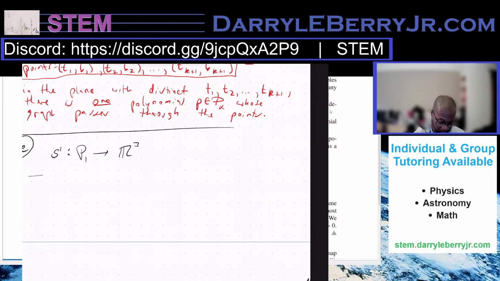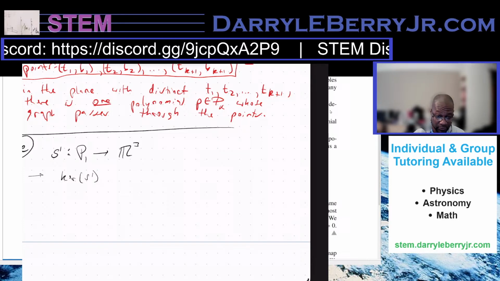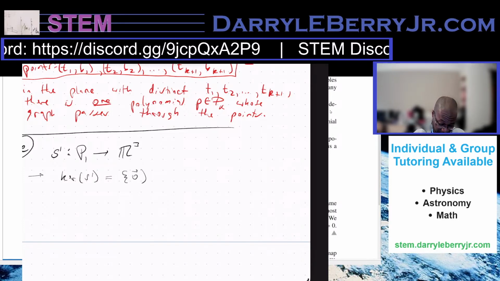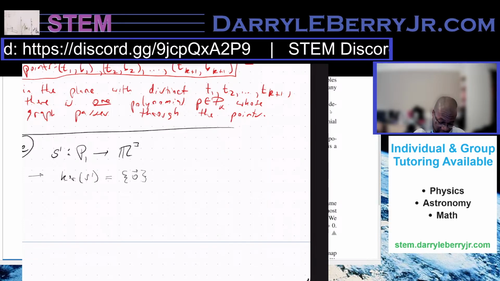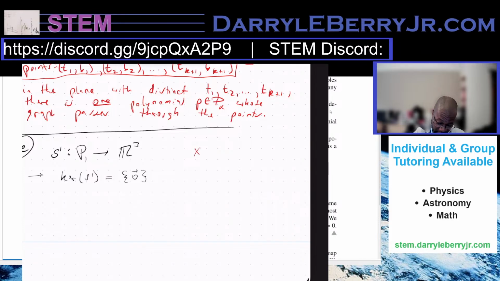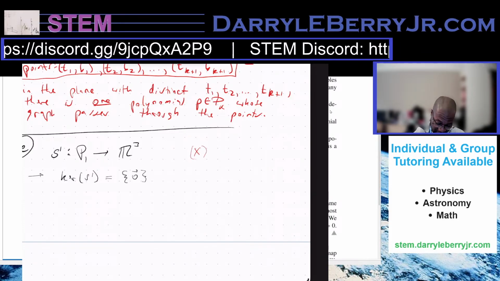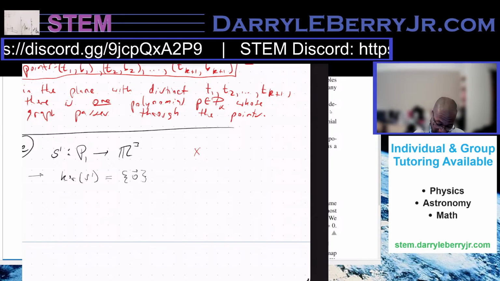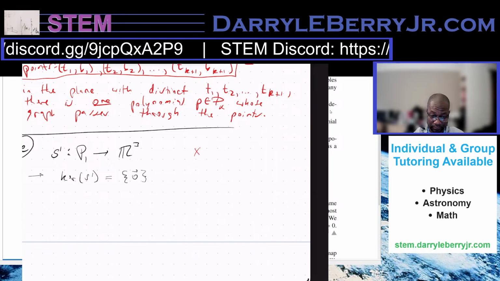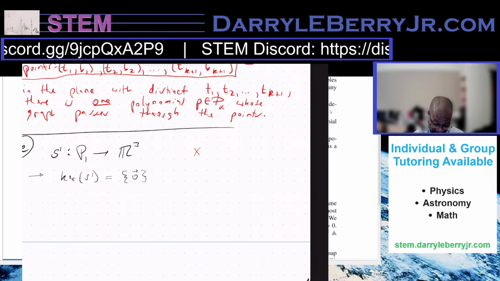Surely the kernel of S prime is the 0 vector, because there's only one degree, which is like x. So if you take the derivative of that, it equals 1. So the only thing that will make that equal 0 is putting in 0 for x. But now, which vectors a, b, c are in the image of S?